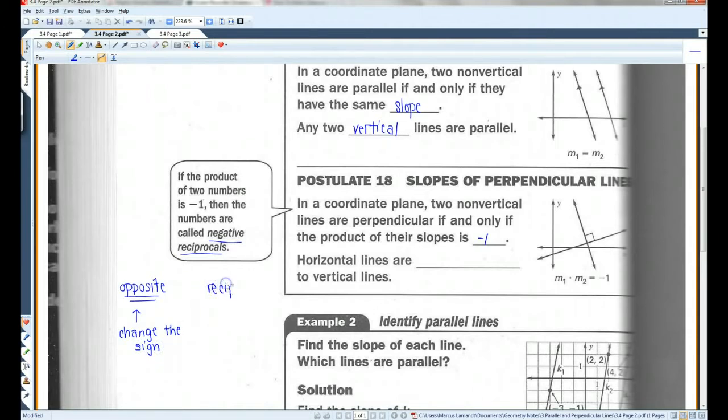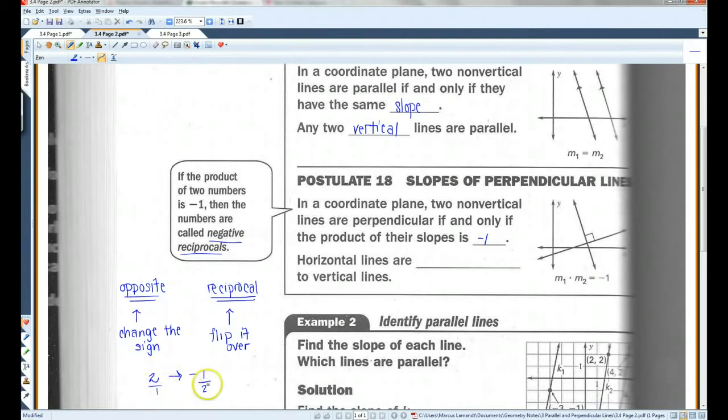Reciprocal means that you flip it over. So for example, if you have a slope of, say, 2, the opposite reciprocal would be -1 over 2. You change the sign and you flip it upside down. Okay?